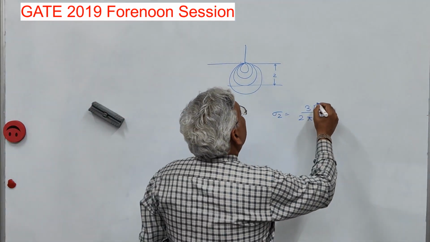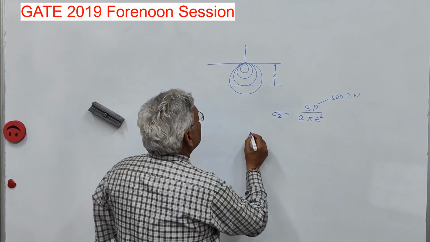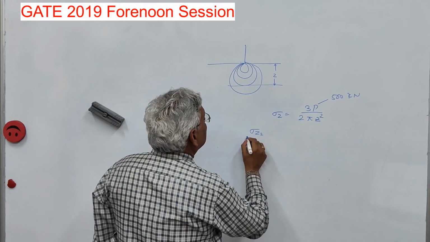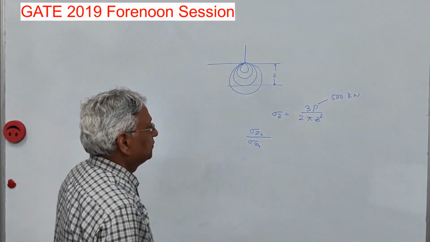Now P here is 500 kilonewton. What basically you need to know is the ratio of sigma Z when the load is at 2 meter divided by sigma Z when the load is at 4 meter.